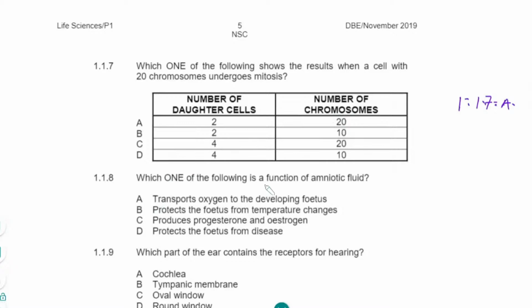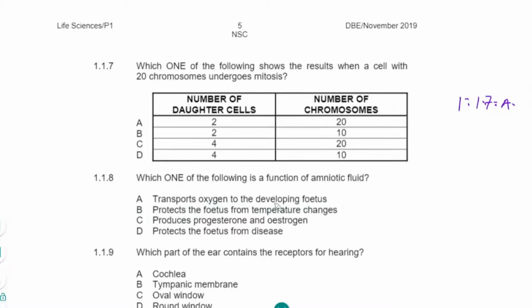Which one of the following is a function of amniotic fluid? Here we don't talk about amniotic fluid, you're talking about reproduction in vertebrates. So they're saying, 1.8, transports oxygen to the developing fetus.